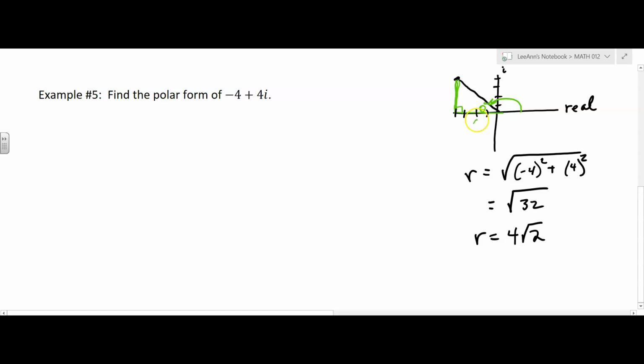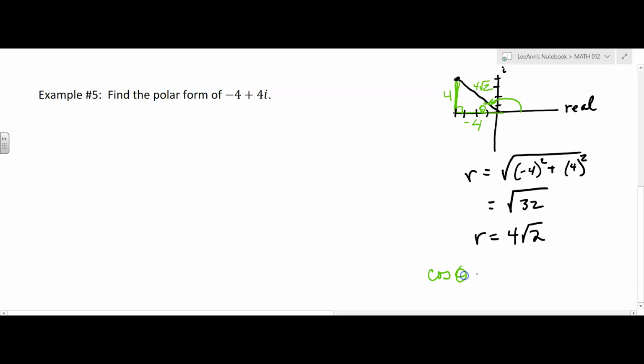We know this distance, 4, and we know this, -4, and we know this distance, 4. Now, you also know the radius there is 4 times the square root of 2. You can pick any of the trig functions to work with. I would do tangent, but the book used cosine, but that's kind of your choice, I guess.